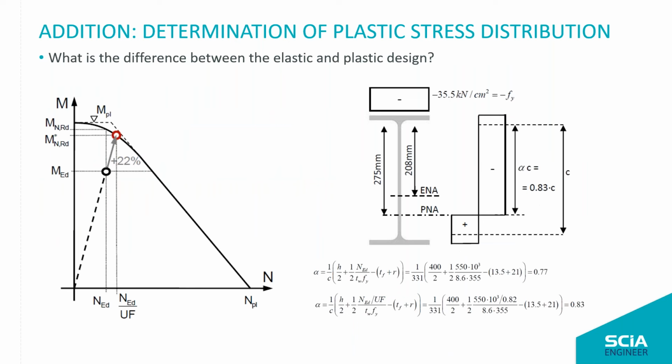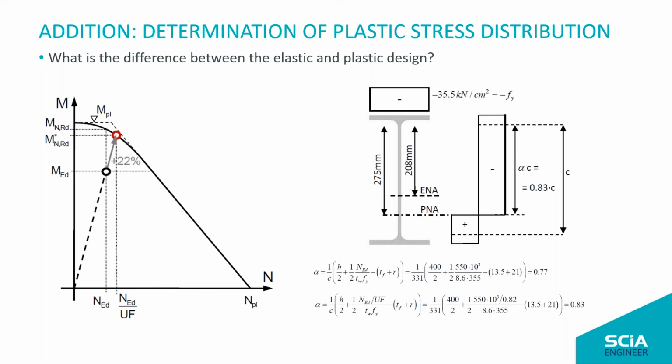So what's the difference between using elastic and plastic design? What kind of difference can it give to my classification? For this, I want to take this very simple example of just an I section with one moment component and one normal force component. If we look at the location of the elastic neutral axis, it sits at about 0.63 here.